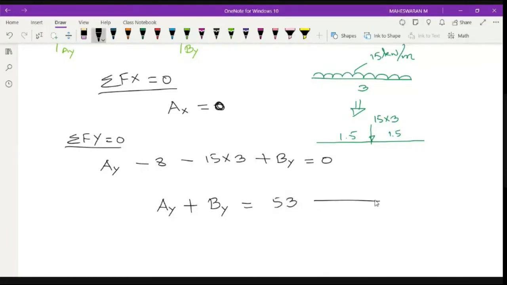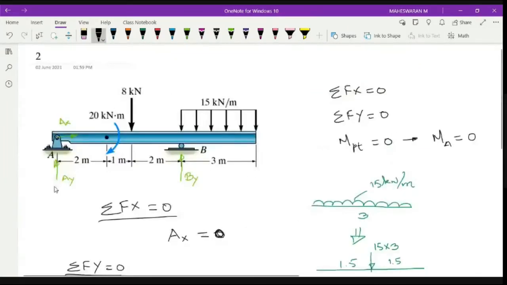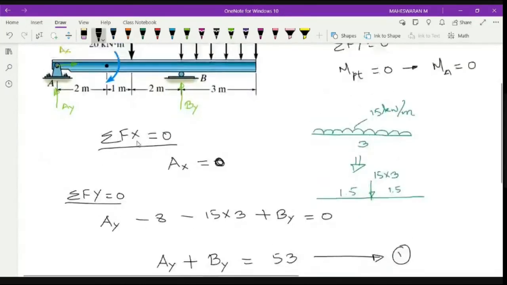So this is my equation 1, and this completes this part. Sigma Fy is equal to 0: you add all your vertical forces. Ay is there, which is upward direction, positive, so I have written Ay. Next, 8 kilonewton downward, so negative, so minus 8.